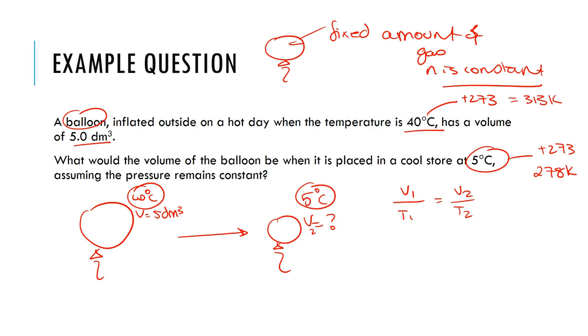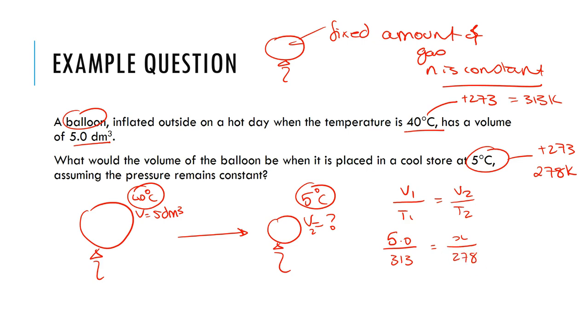So now our volume units don't matter as long as we're reporting in the same units, and it's in liters. So we've got 5 decimeters cubed divided by T1, which is now 313, is equal to X, which we're looking for, V2, over T2, which is 278.